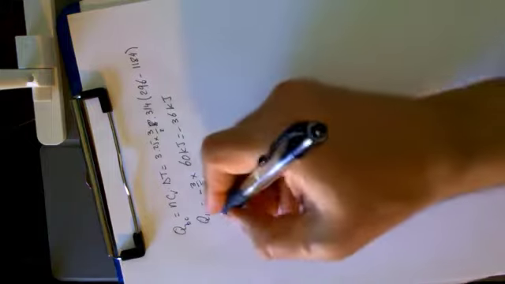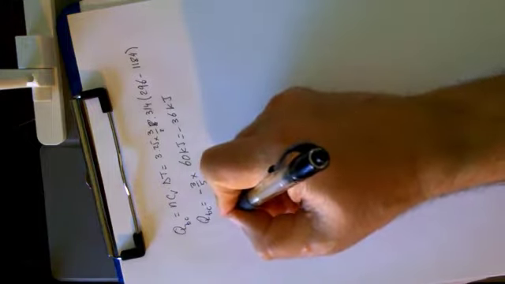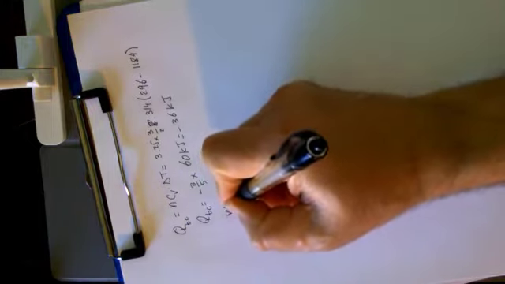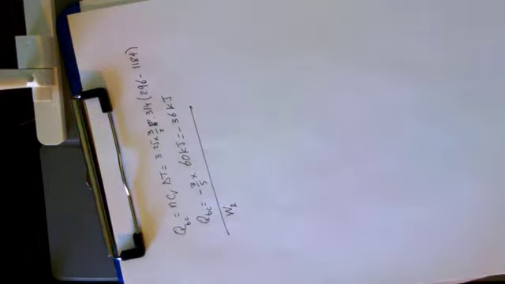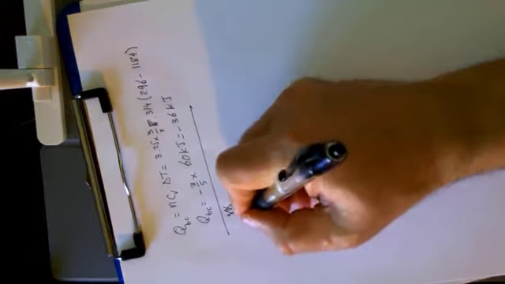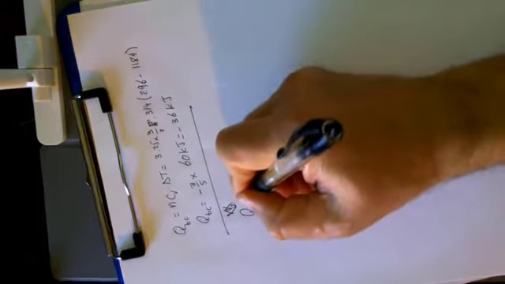So let's find QC2. QC2, as I said, has nothing to do but just finding W. We're trying to find Q from C to A, by the way.